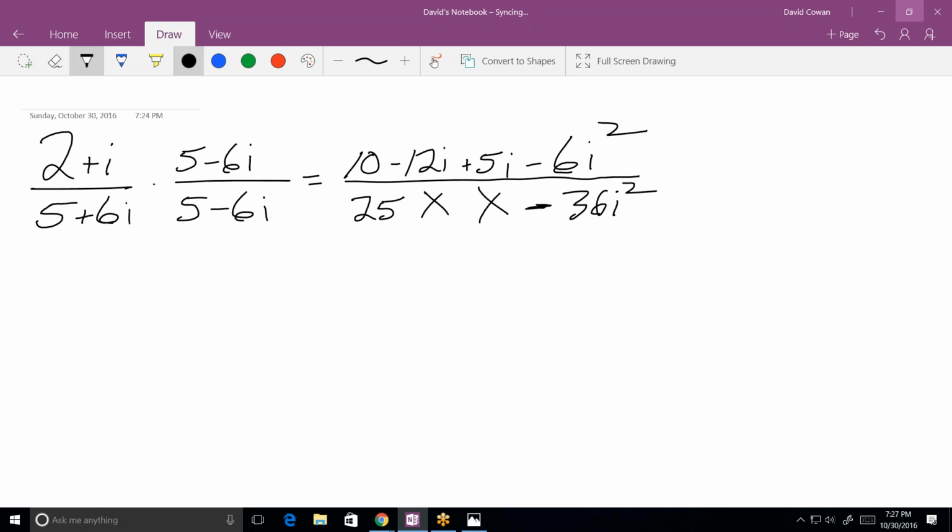Now, simplify the top and let's start there. What does that equal? 6. Okay, and add that to the other real part of the top, which is 10. 16. Now combine your i's.